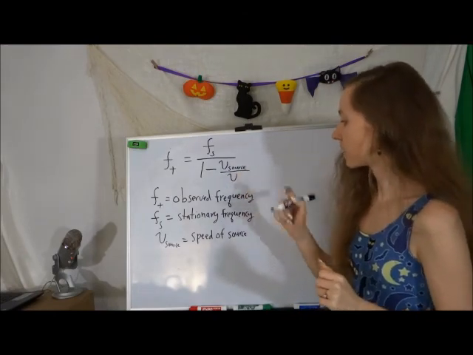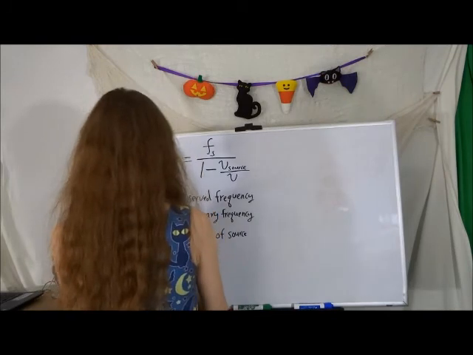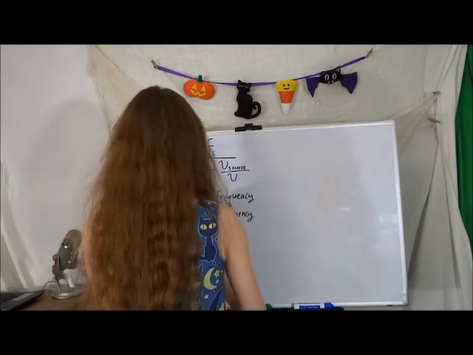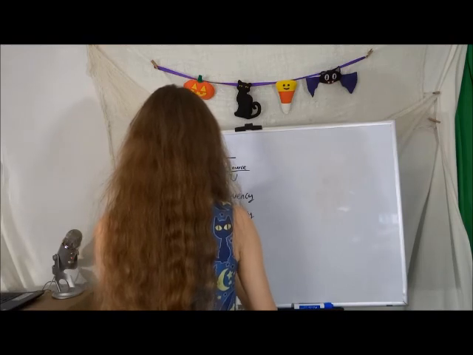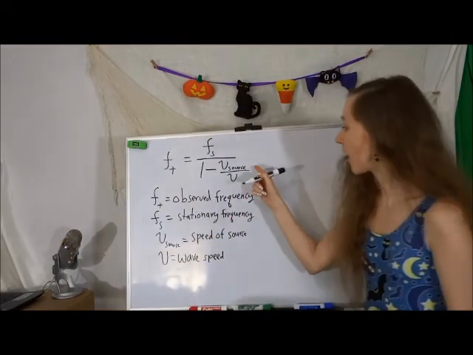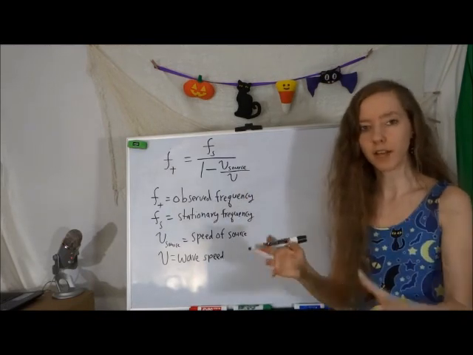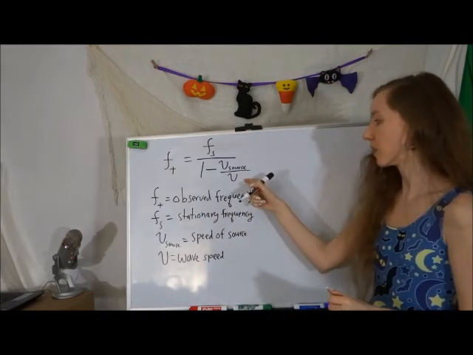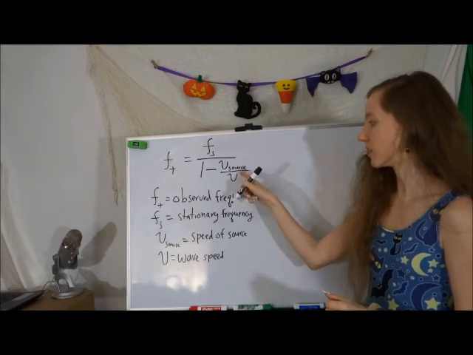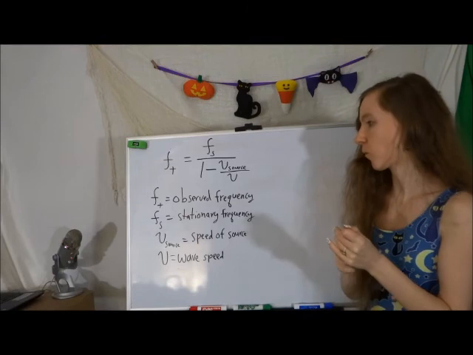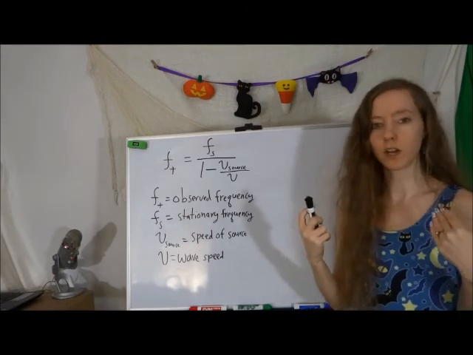Now the last thing is our wave speed. That's why I think it helps to clarify that this one is source, because if we have sound waves traveling, the wave speed is going to be what goes into this speed down here, not up here. So that's the expression for when we have an object that's coming toward us.